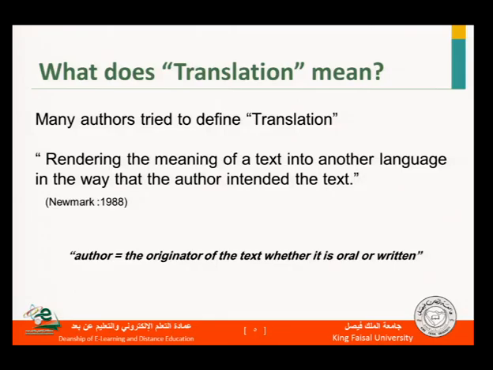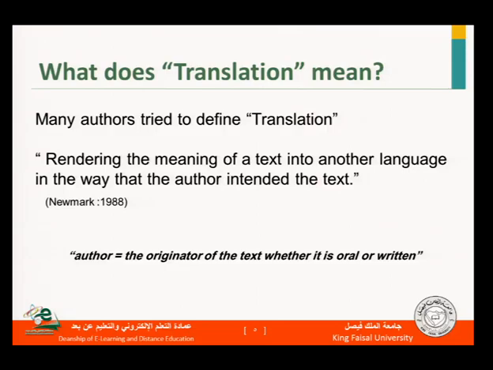The first one, Newmark, and I've just talked to you about his book, Textbook of Translation, and many books he has also authored in that area. But he talks about that like this: rendering the meaning of a text into another language in the way that the author intended the text.